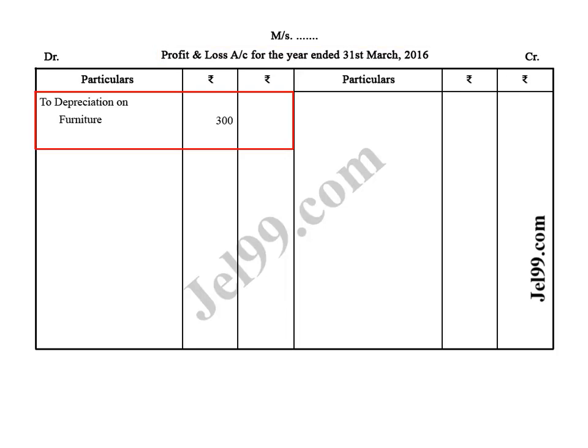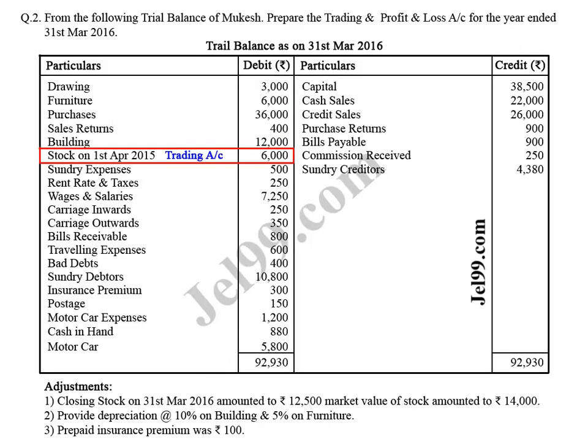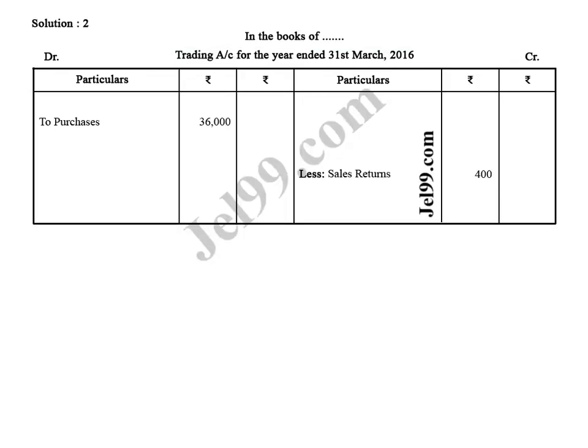Debit side, to depreciation on building of rupees 1,200, so total amount of depreciation is rupees 1,500. Then stock on 1st April 2015 of rupees 6,000, this is shown in trading account. Debit side, to opening stock of rupees 6,000.